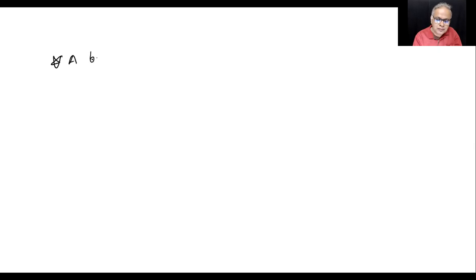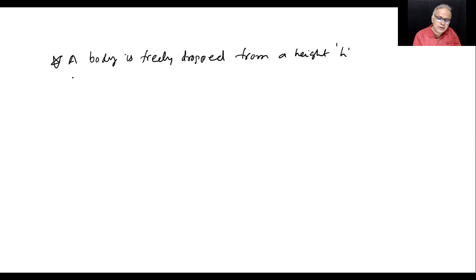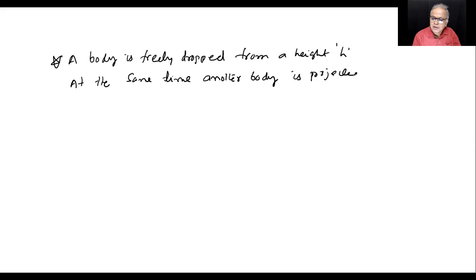A body is freely dropped from height h. At the same time, another body is projected vertically up with a speed u.